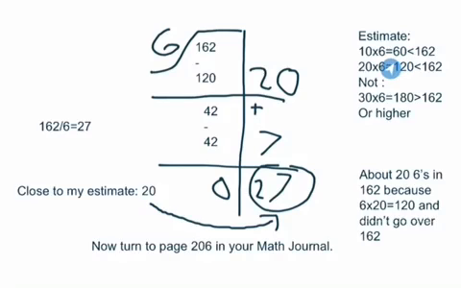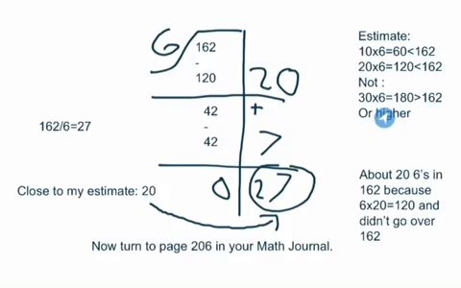And it's less than 162, so we think we can go higher. So we did 20 times 6 equals 120, and it's still less than 162. But then we did 30 times 6 equals 180, and that's higher than 162.